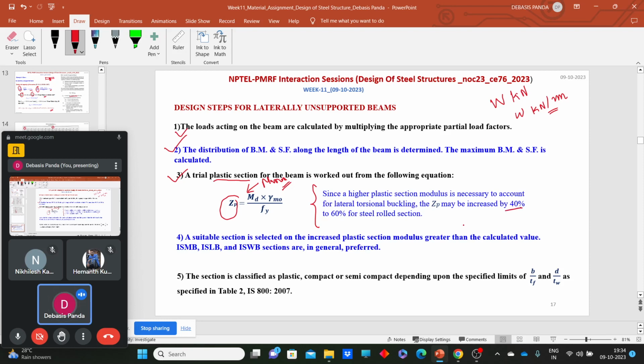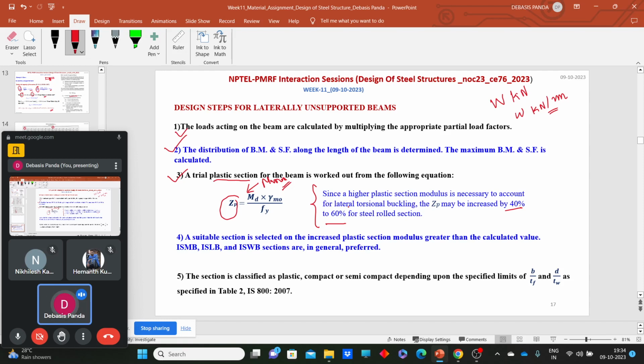That means we are going for a higher sectional modulus. And in the last class I particularly said that whatever the required sectional modulus coming, you should consider a section with a higher sectional modulus.